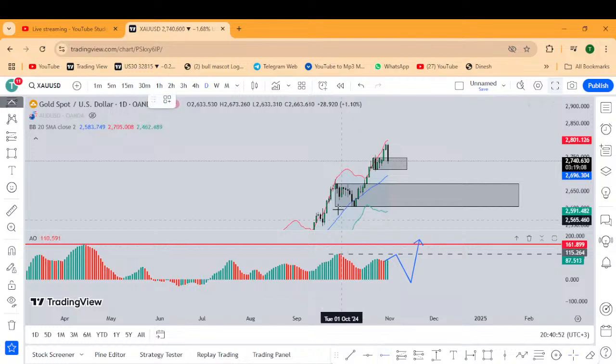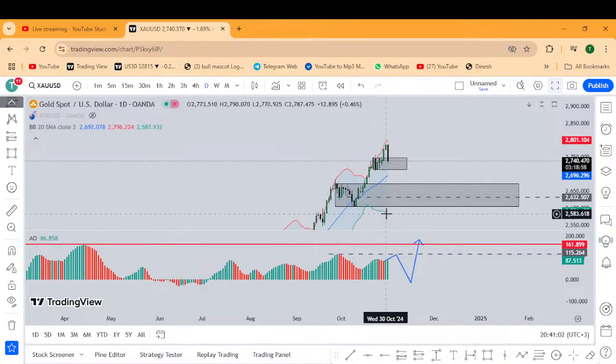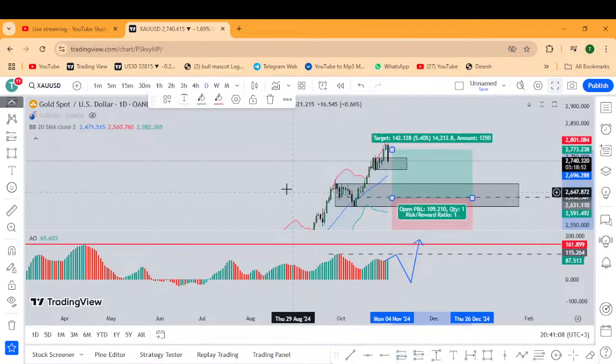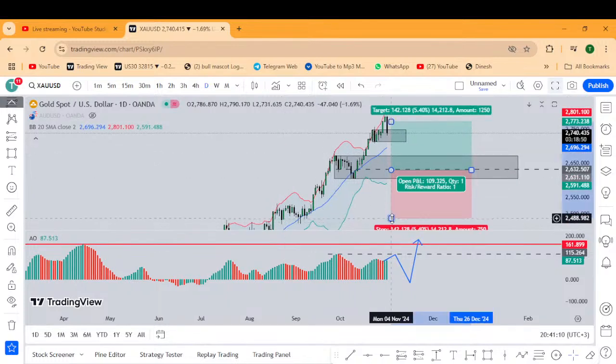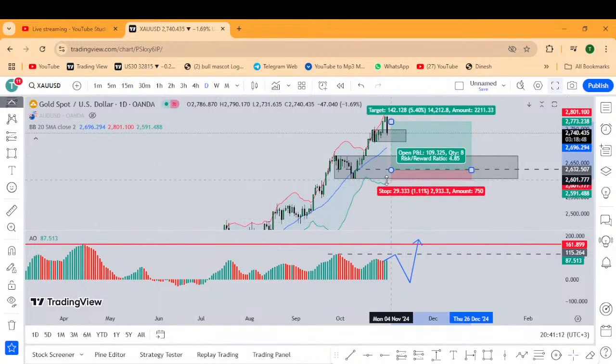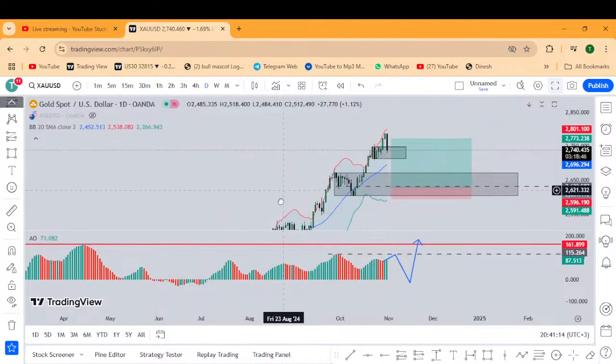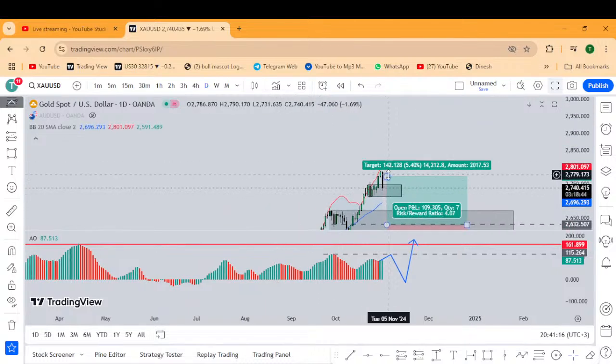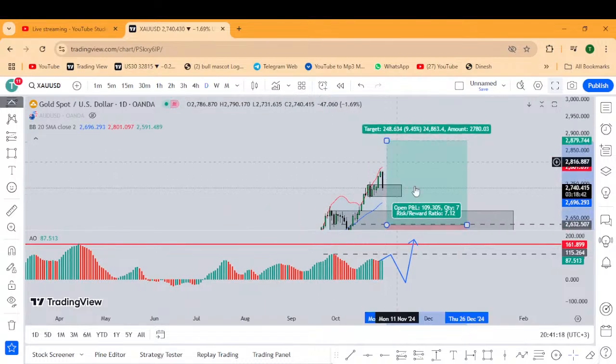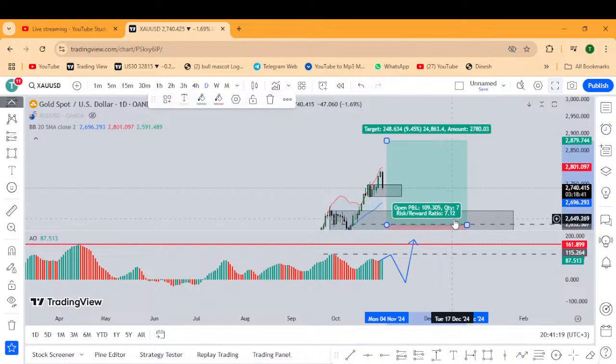So when you look at this one here, this is going to be our point of interest. Maybe I could call it our entry. This is where you should wait patiently for the market to trigger and then wait for market structure shift, then place your orders.